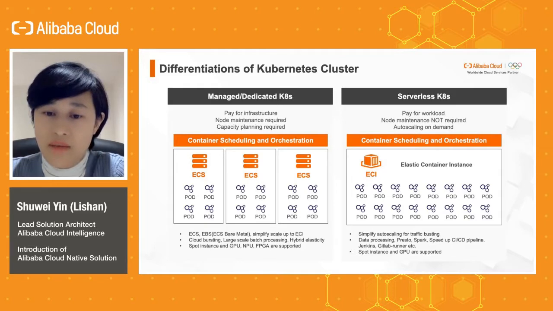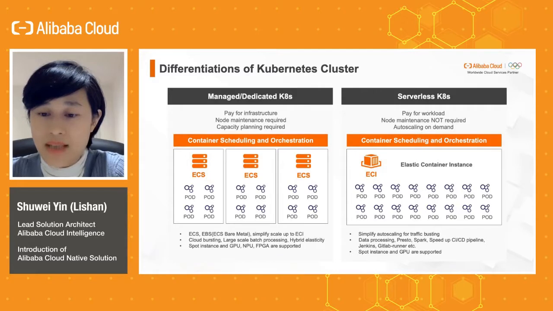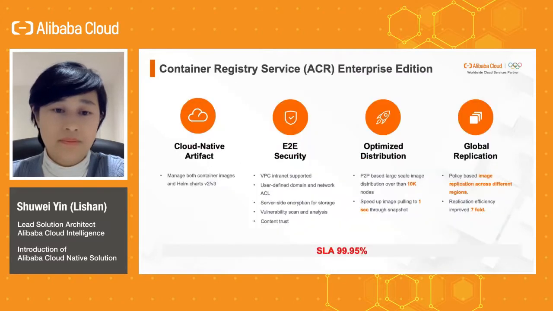For serverless Kubernetes, we can see the pods running on ECI, Elastic Container Instance. The scenario is for applications that run temporarily, for example, data processing, CI/CD pipelines, or GitLab runner. It also supports spot instances and GPU instances.